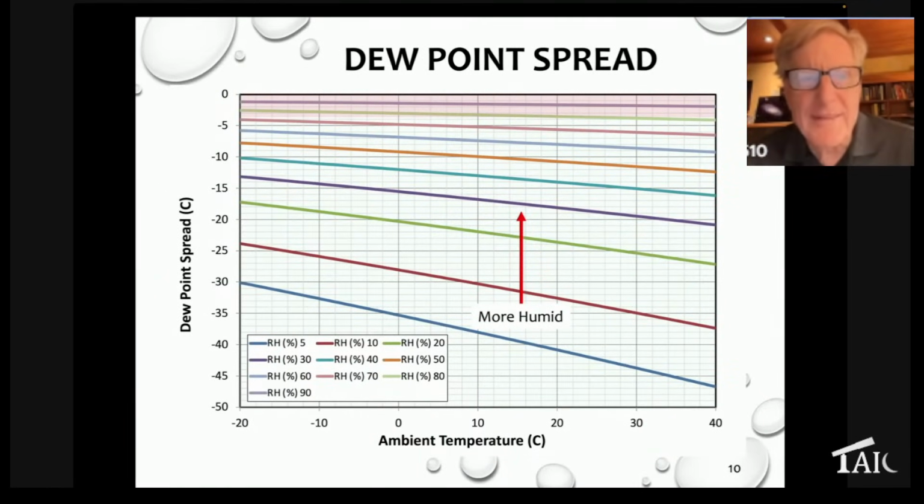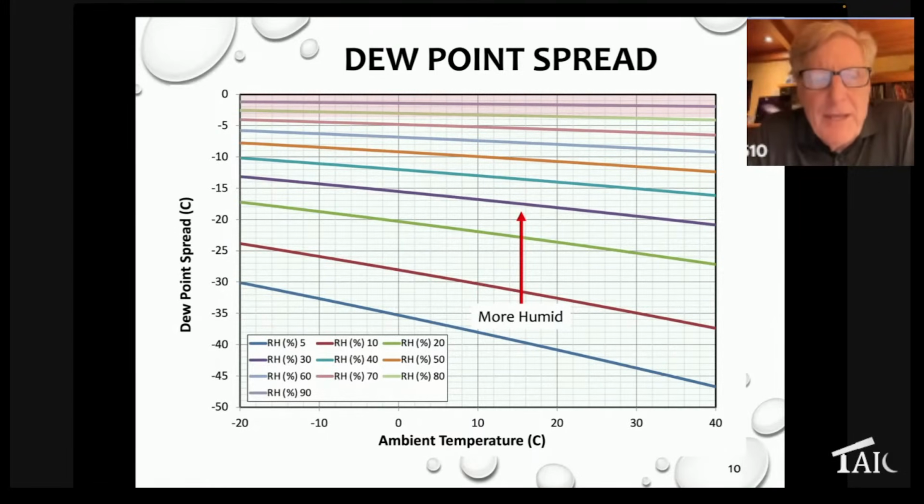And we can plot this data in a more useful way, and that's to plot the temperature dew point spread. So in other words, at 100% humidity across the top, the spread between the outside air temperature and the dew point is 0 degrees.